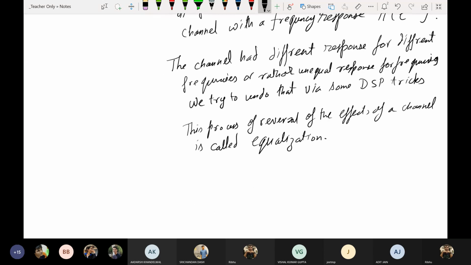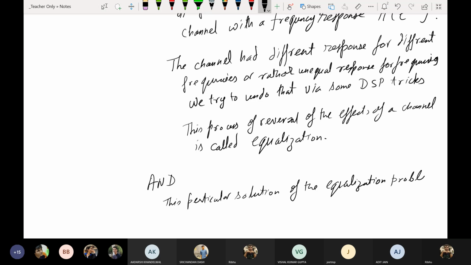So how are we supposed to make it equal? This particular solution to the equalization problem is the zero forcing solution.